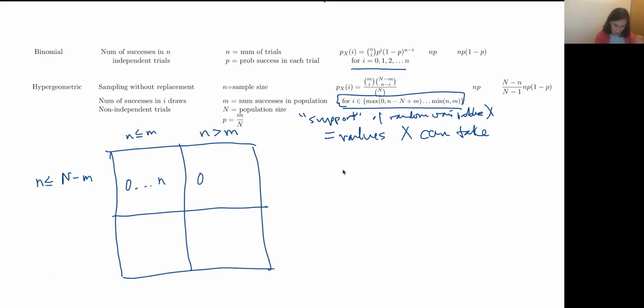Okay, so in this case, we could still have 0 successes, but the upper bound on the random variable is the number of successes in the population. Okay.